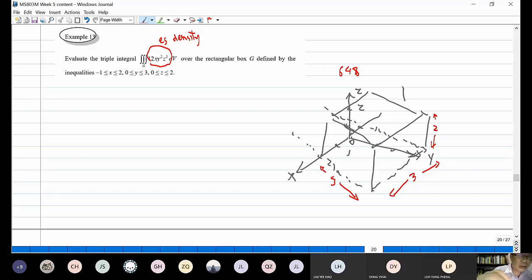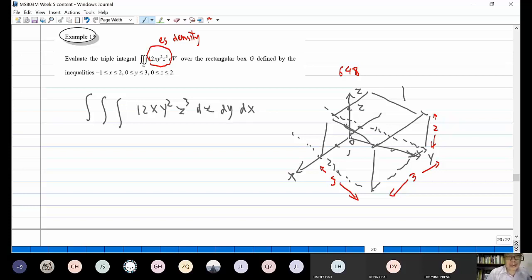So what you're trying to do now, you can actually do direct integration because this is a rectangle. So direct integration now is 12 x y square z cube dv. Up to you, you can use dz, dy, dx.